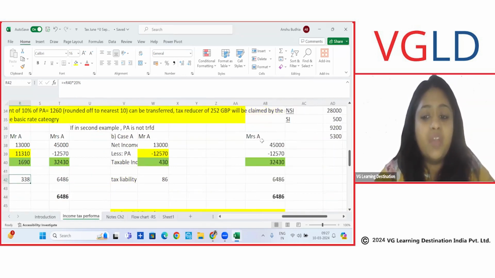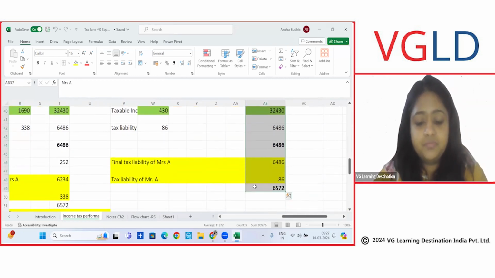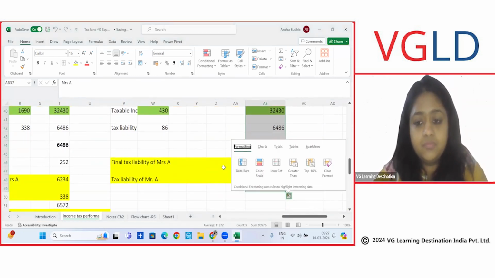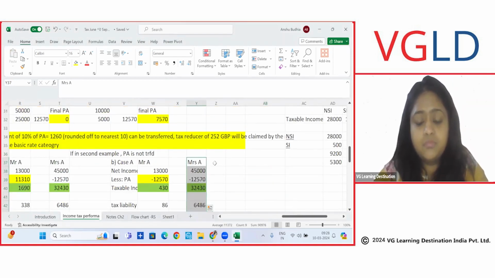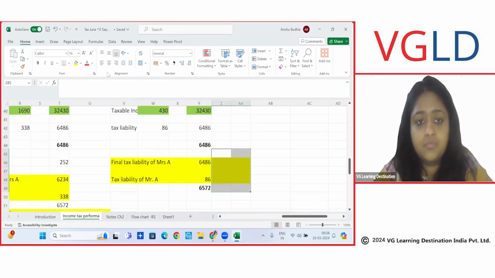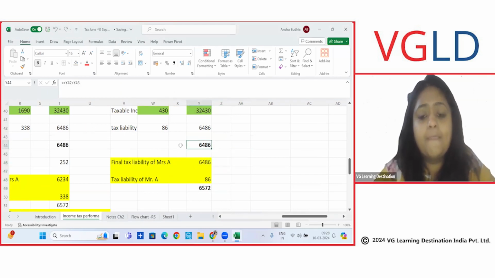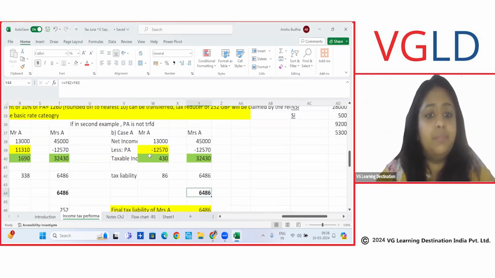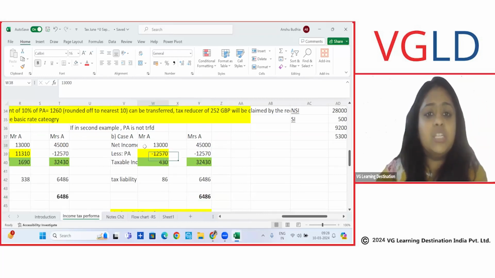Just look here. If I just calculate the normal taxes here, let's calculate the normal tax liability. I assume that there is no transfer taking place. I'm just showing you how it looks like. If there is no transfer taking place, Mr. A will claim full PA.